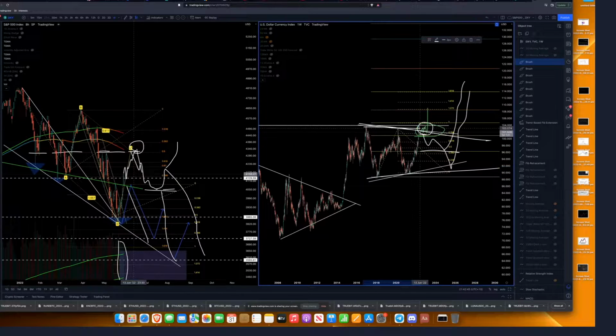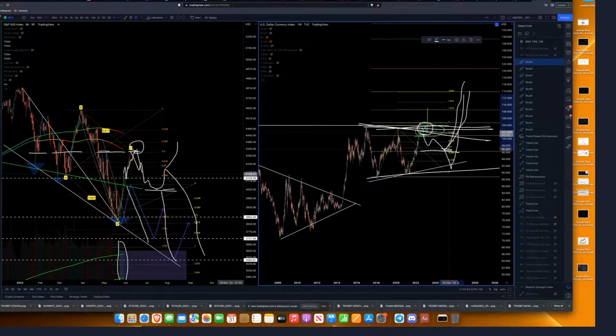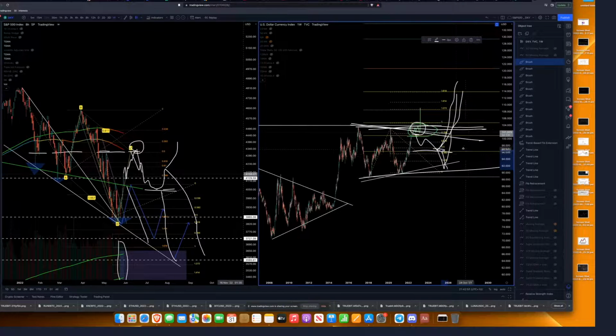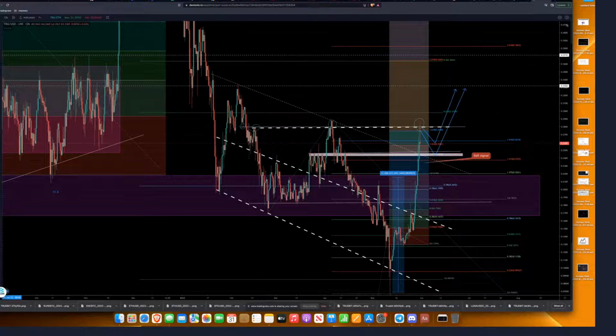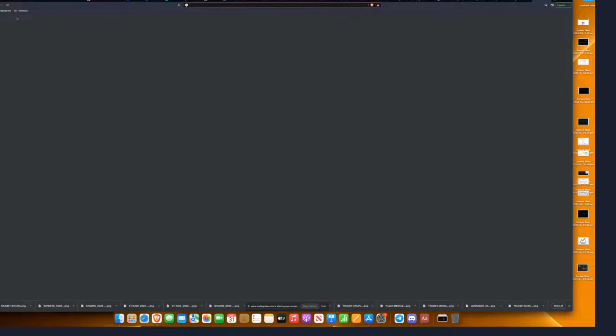Or we can have this flat top structure, but there is a structure here, and the pullback could be up to this level before it goes up, or further deeper. And as long as that happens, the stock markets are likely to go up. So that's what I got for that there. And let's look at a few other charts just to see.